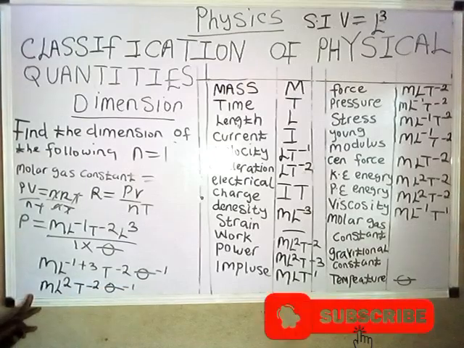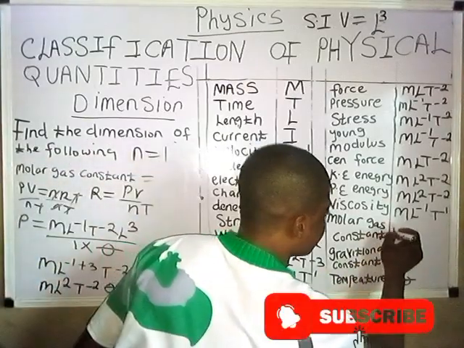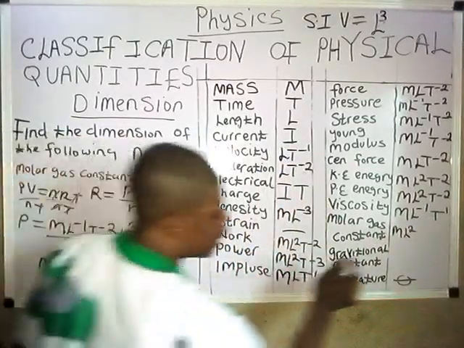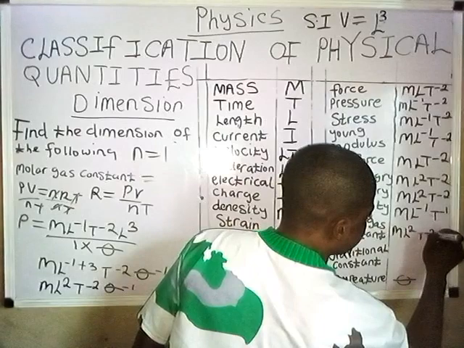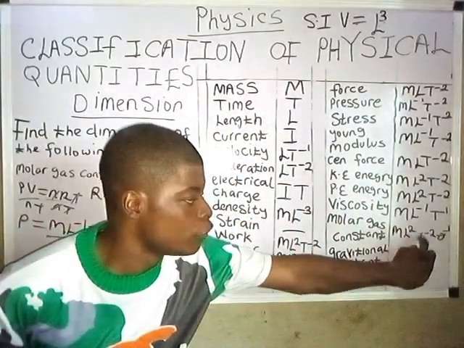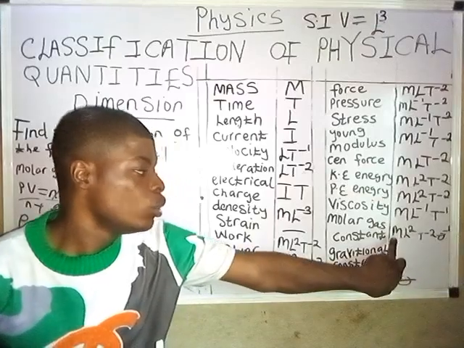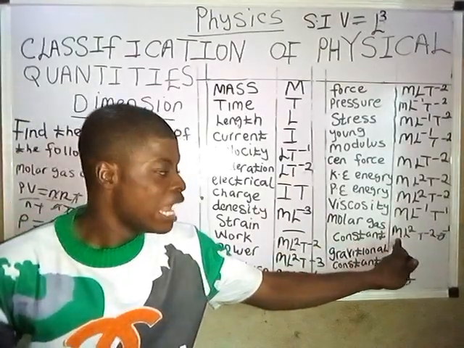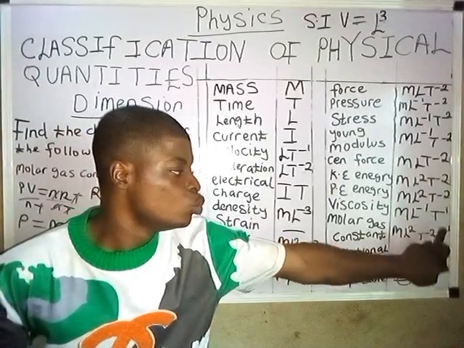So the dimension for molar gas constant is M L^2 T^-2 theta^-1.